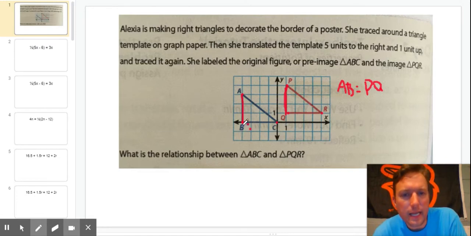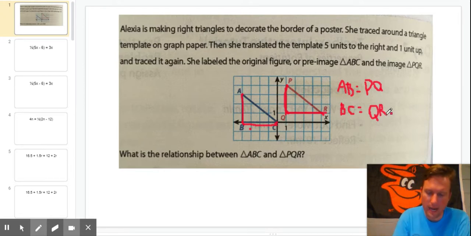Good. Can you find any other congruent lengths? Yes, you're right. You could say line BC and line QR. When you list the points, you could say BC is equal to QR. Excellent. And there you have it. Those would be two equal sides.